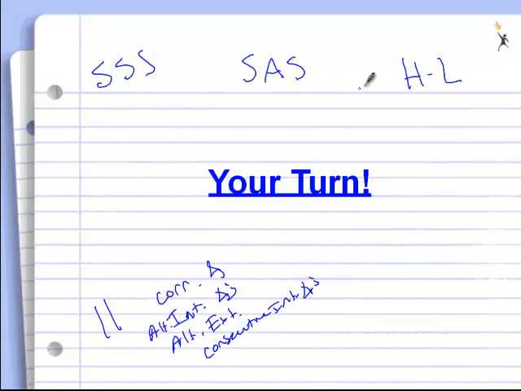The same thing with these. You learned side, side, side last section, but that doesn't mean you're not going to use it tonight for your homework. You're learning side angle side and hypotenuse leg, but that doesn't mean you're not going to use it in tomorrow's section or the next section that we come across. Make sure that you are familiar with these three, because as we keep adding more, you're still going to have to refer back to these three and use them. Let's take a look at your homework now.